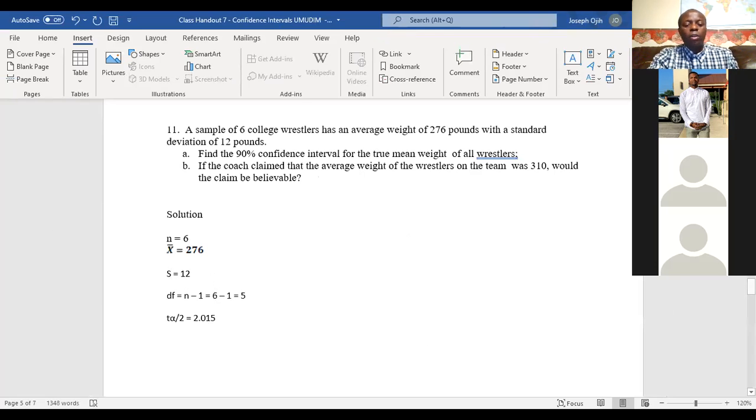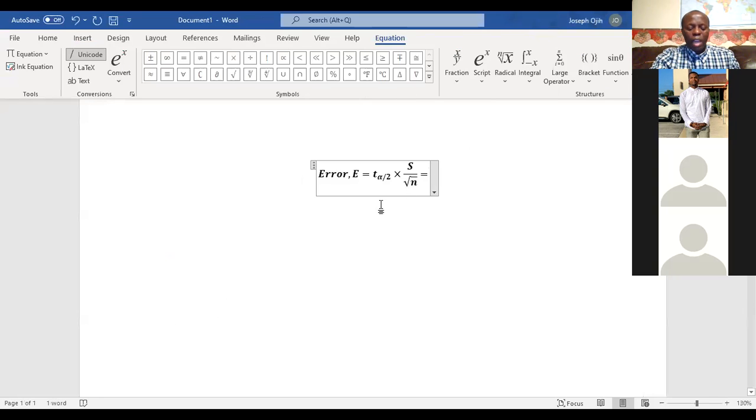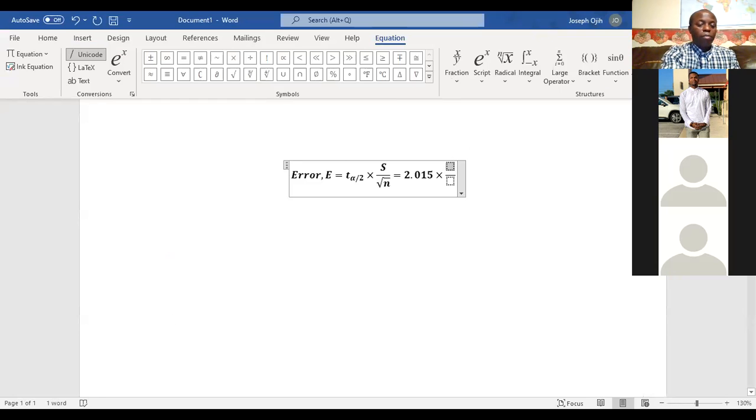So let's plug all this in and get our results: 2.015 times 12 over the square root of 6.